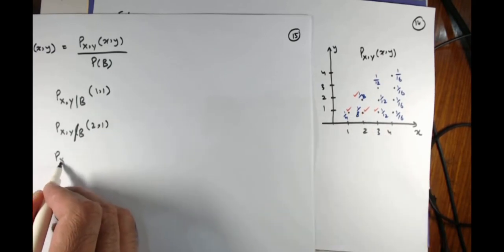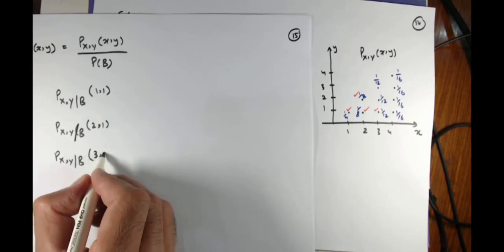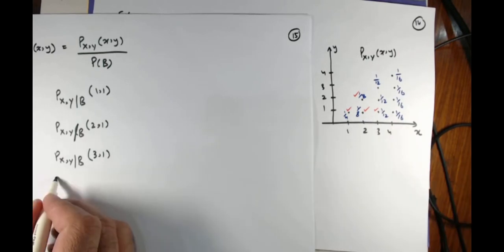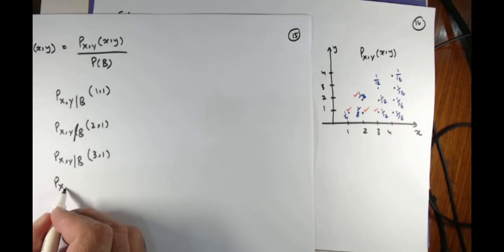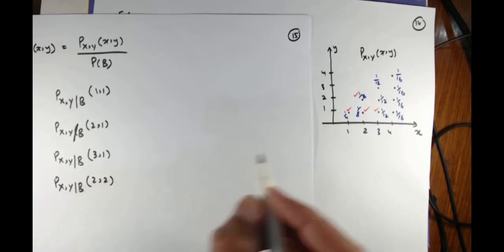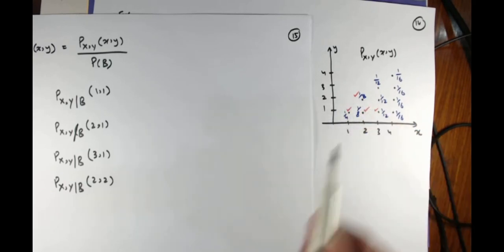We have P sub x comma y given B of 3 comma 1, which is this particular point. Then we have P sub x comma y given B of 2 comma 2, which is this particular point. So only these 4 points will have the probability redistributed.